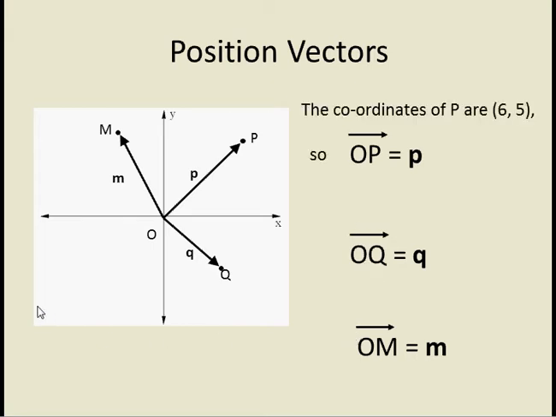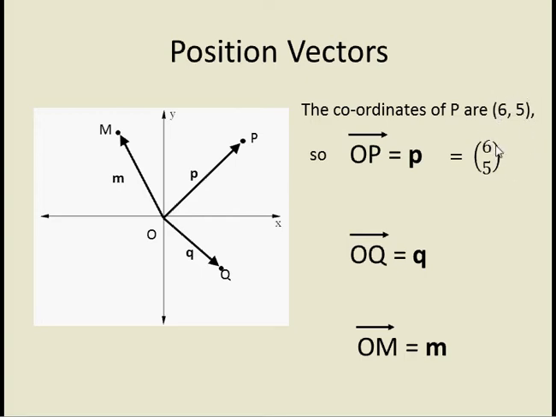Now, point P is (6, 5), so the position vector is (6, 5), or you could write that 6i plus 5j. Coordinates are written in coordinate form.